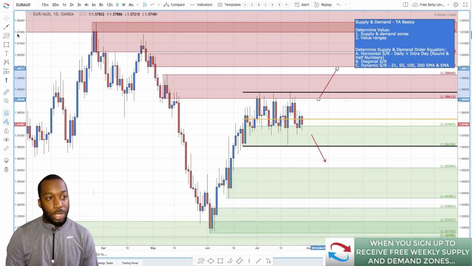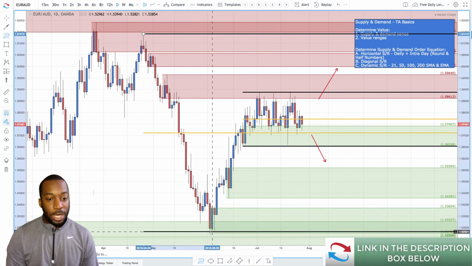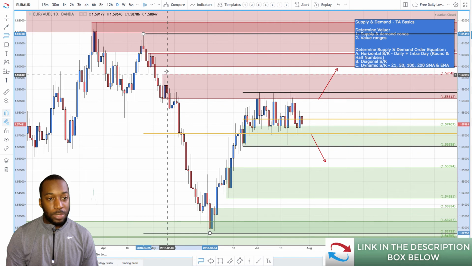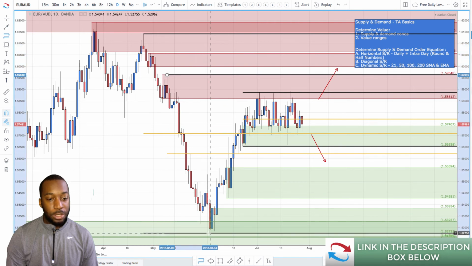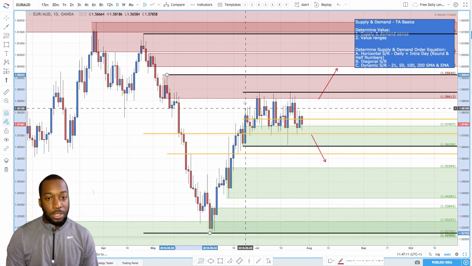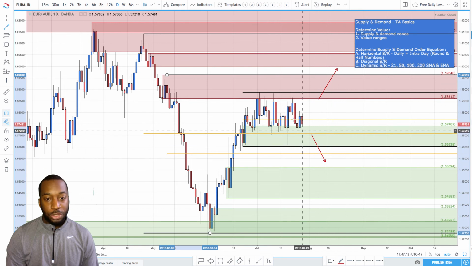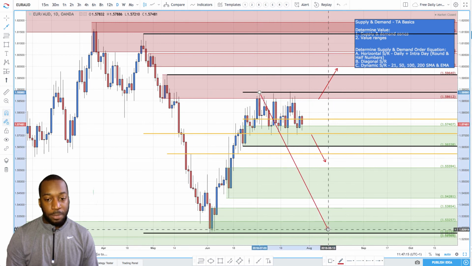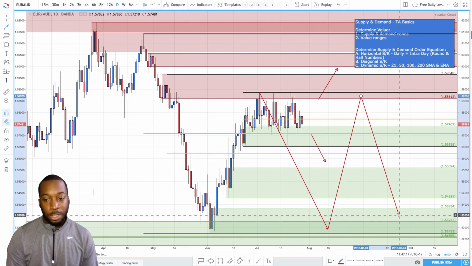And again, where prices range between that low and that high at the moment. So we could see prices start to range between this low and that high, right, and so on and so forth.